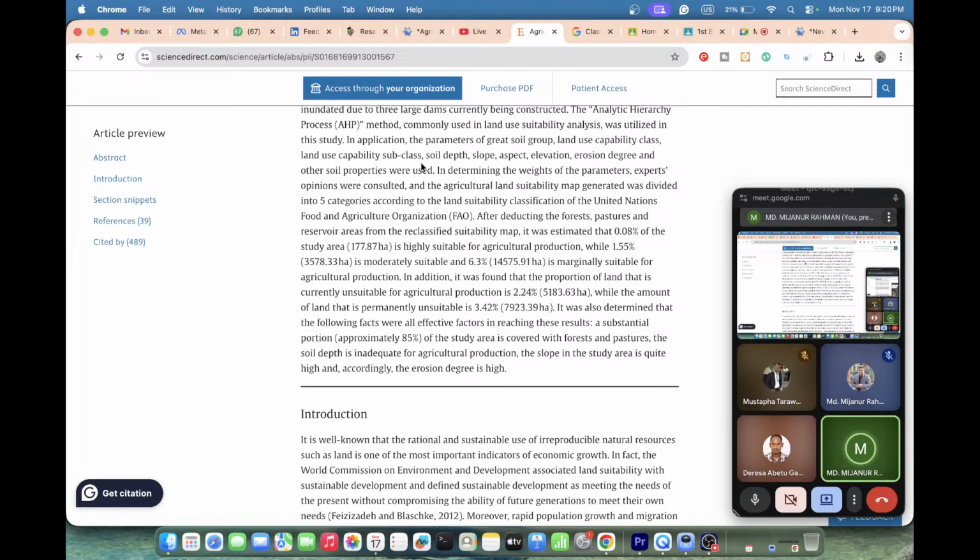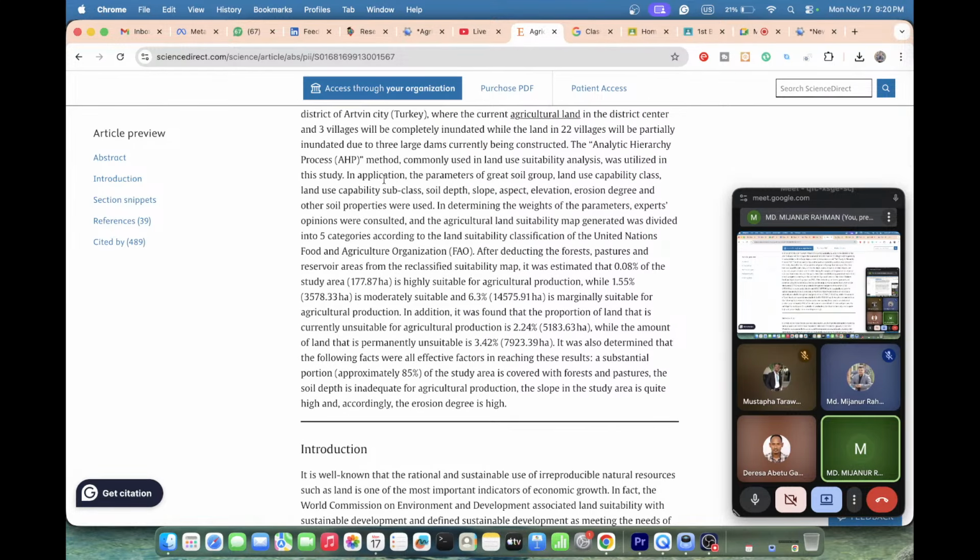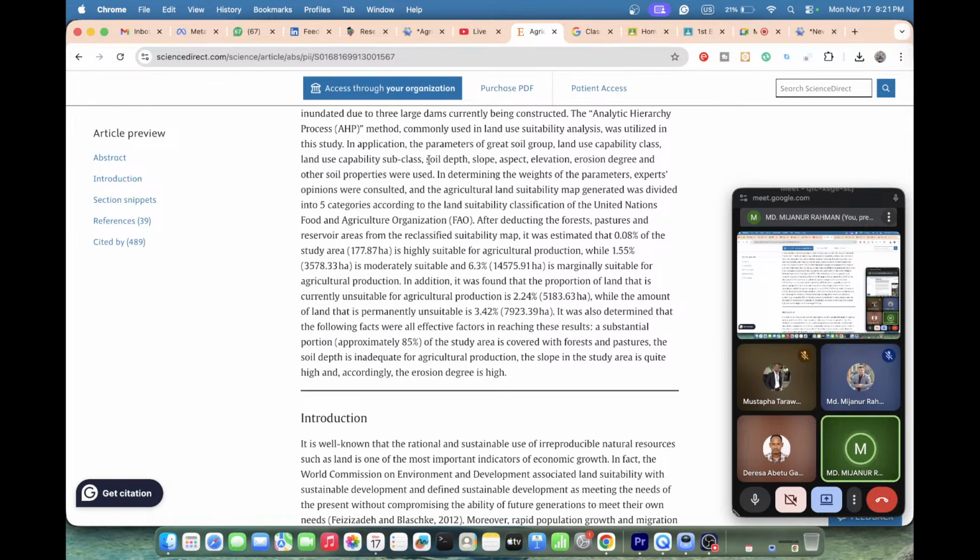They used these types of factors, as you can see: the capability class, land use, then subclass, soil depth, slope, aspect, elevation, irrigation degree, and other soil properties. So when you add more factors, your suitability zone will be more accurate.